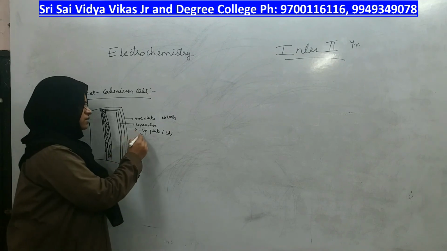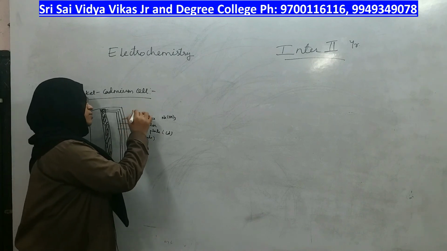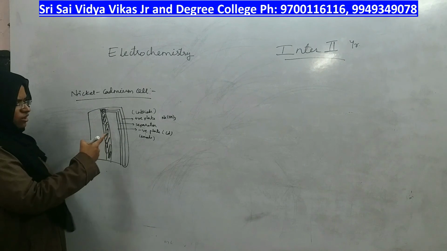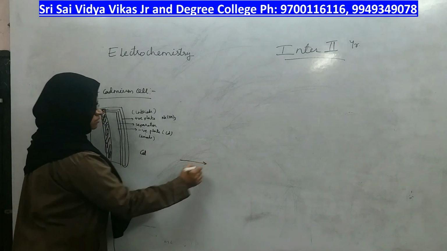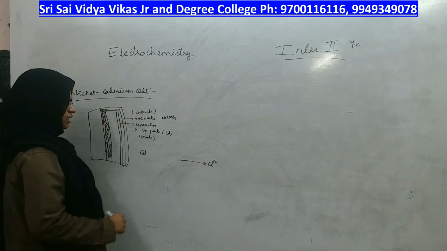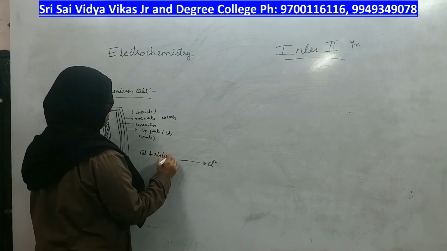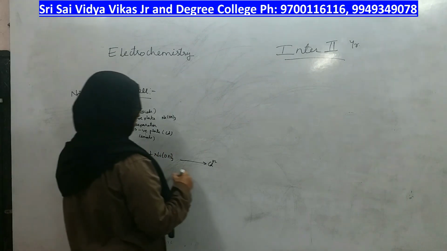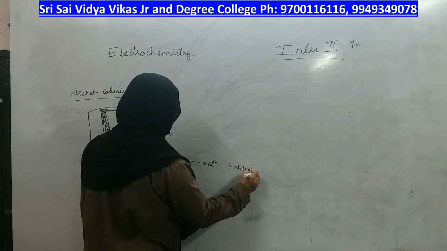The negative plate is the anode, therefore it undergoes an oxidation reaction. The positive plate is the cathode, therefore it undergoes reduction reactions. So, at the anode, cadmium gets oxidized into cadmium plus 2, and nickel trihydroxide undergoes reduction to give nickel dihydroxide.